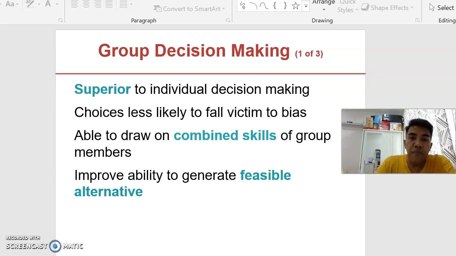Group decision making is superior to individual decision making, in which choices are less likely to fall victim to bias, and it is able to draw on the combined skills of group members.